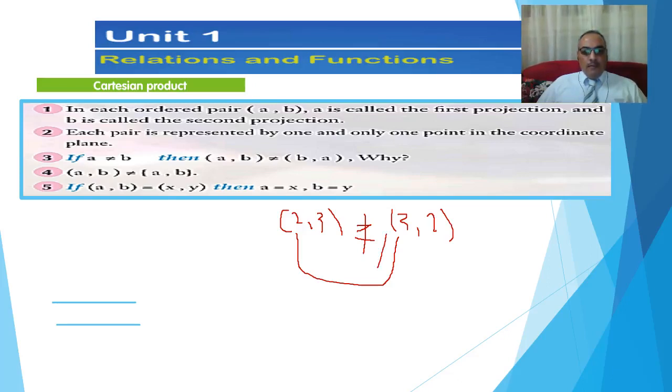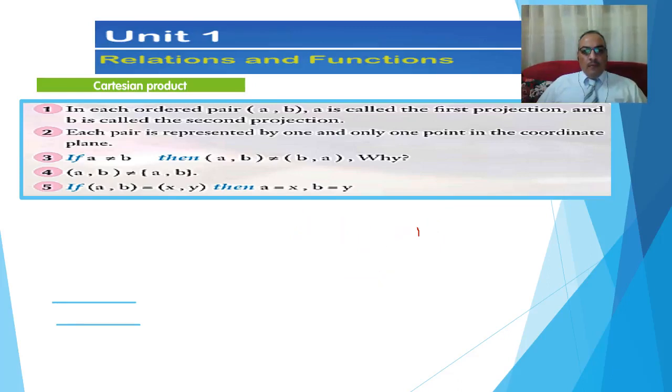The last remark, number 4: the ordered pair (A, B) is not equal to the set {A, B}. With this bracket (A, B), it means order, right?